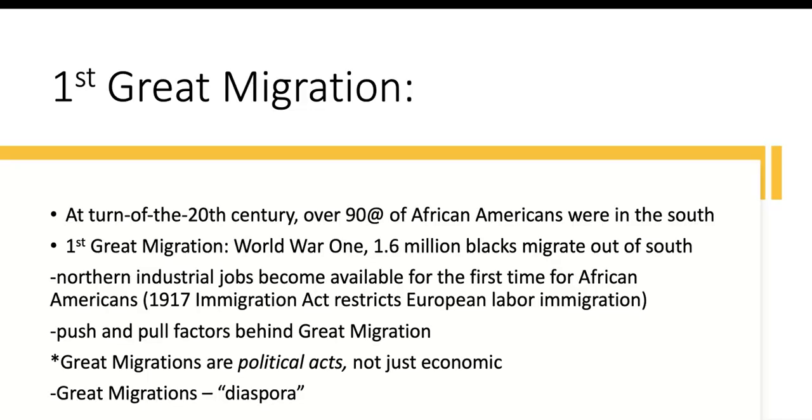Now, first of all, the arrival of large numbers of poor Southern blacks, because let's remember, they're coming from sharecropping backgrounds, most of them. When they arrived to these cities, this would alarm your average middle-class white, because they were perceived as poor, uncouth, unkempt, just out of sharecropping.